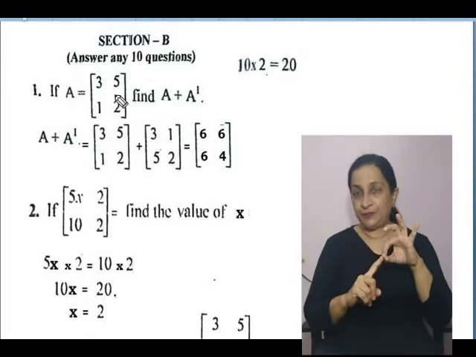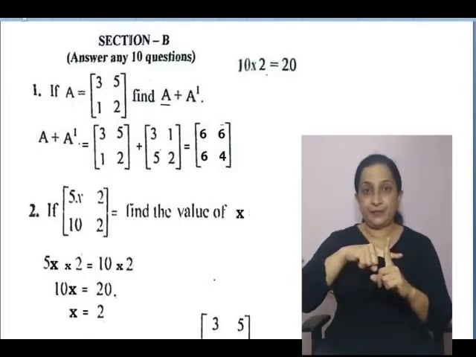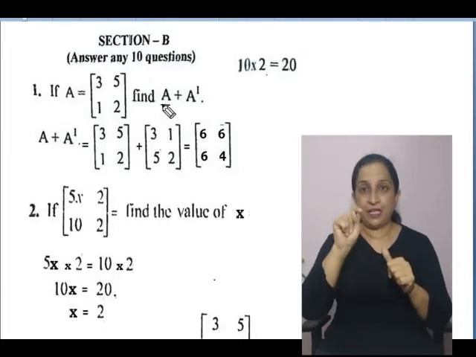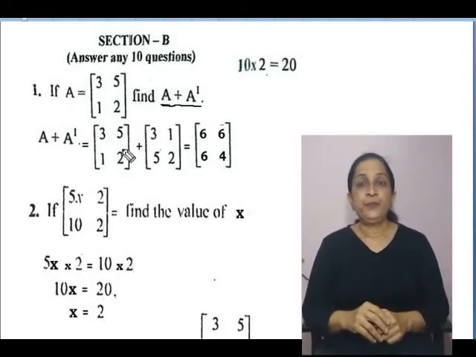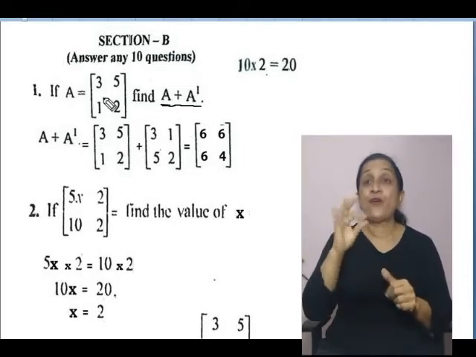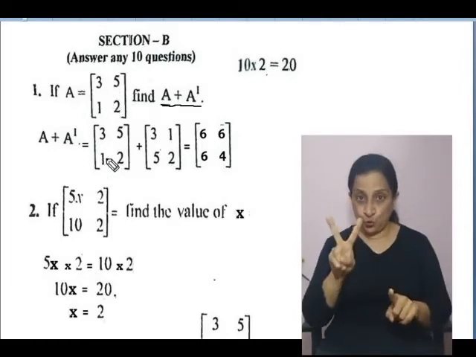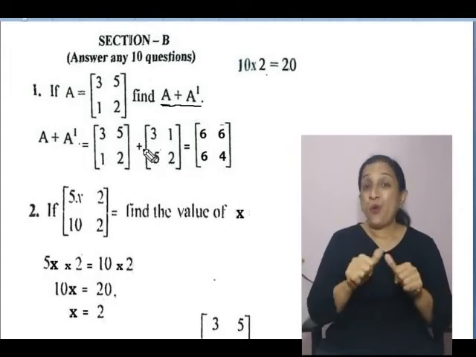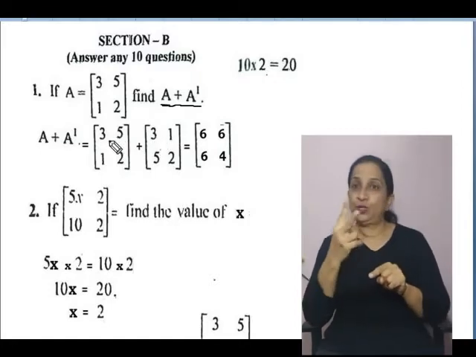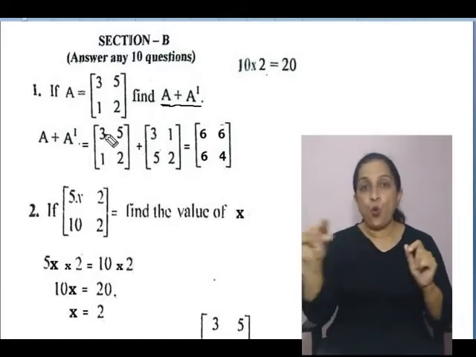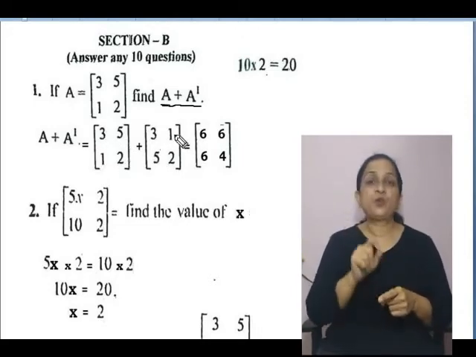First question is find A plus A dash. How do you find A dash? A is already given here, matrix 3 5 1 2. A dash can be found by changing rows into columns, that is 3 5 becomes the column 3 5, and 1 2 becomes the column 1 2.